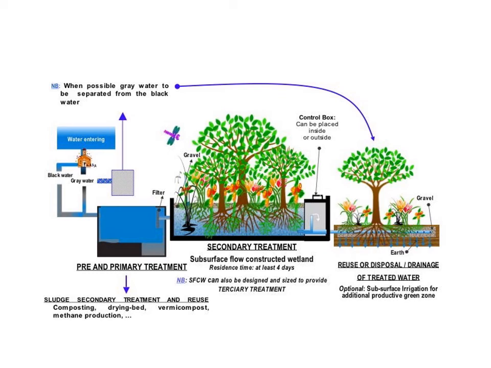Subsurface flow constructed wetland in secondary treatment, and it is passed to the reuse, disposal or drainage of treated water, and when possible grey water is to be separated from the black water.